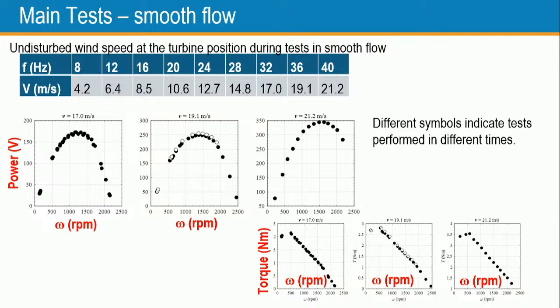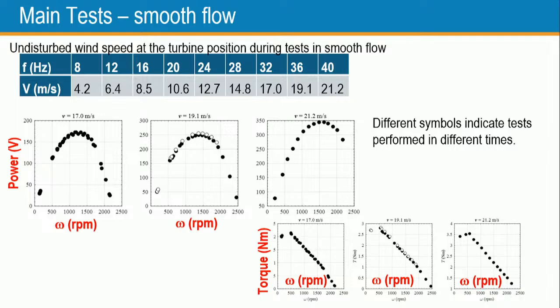For instance, this diagram shows some results in smooth flow in terms of average values of the rotational velocity of the turbine and the produced power. So at each fixed wind tunnel wind speed, we have the complete power curves on varying the rotational velocity.